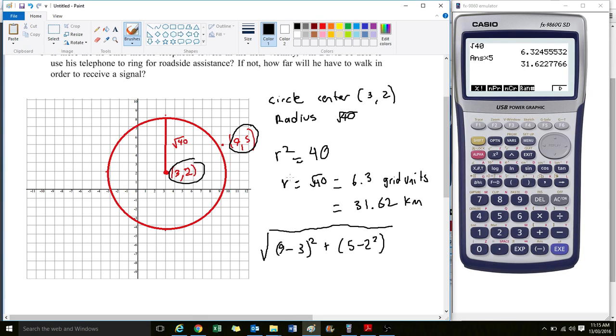So what we're finding is the square root of 6² plus 3². Let's put this in our calculator. 6² is 36, and 3² is 9. So we're finding the square root of 36 plus 9. This is equal to 6.708 grid units.